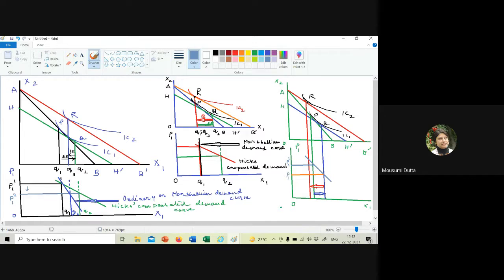This is P12. So there is a reduction in price. This is Q1. This is Q2. And this is Q3.